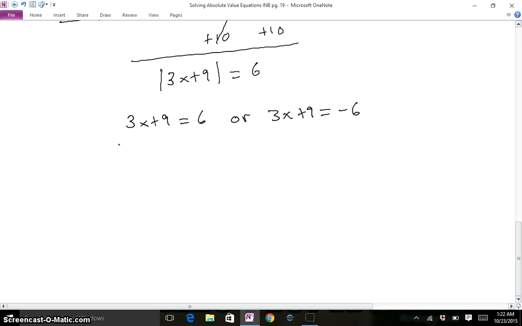Subtract 9 to both sides. Minus 9 here, minus 9. I'm going to solve both equations at the same time. Those cancel. 3x equals negative 3. And then these cancel here, so we have 3x equals negative 15.